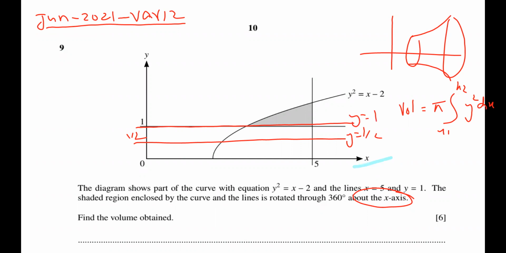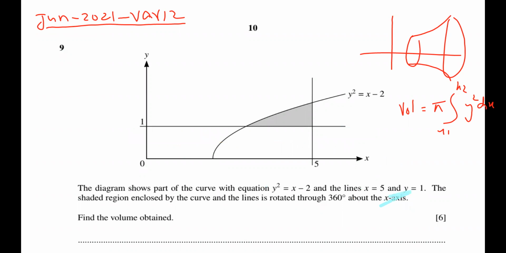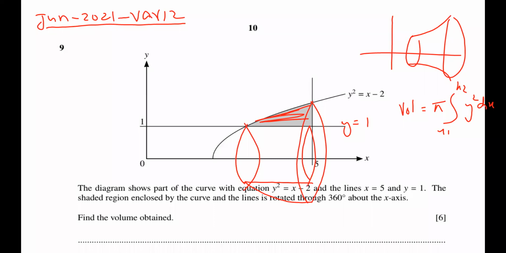So what is the technique to do this kind of area or volume? We have a formula, and because I have two things here, this is y equals 1, and this part I want to know. If I rotate it, I get this kind of cylindrical shape.